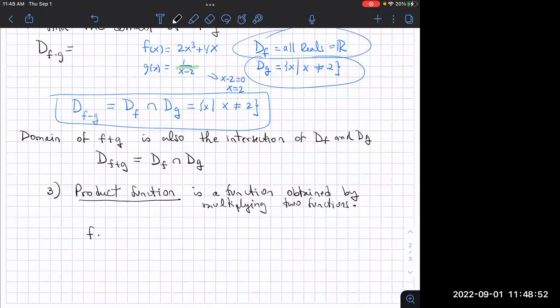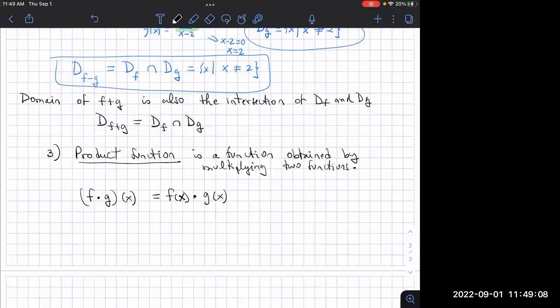So f dot g, f times g, is the function f of x times the function g of x. So you read this as f times g of x equals f of x times g of x.